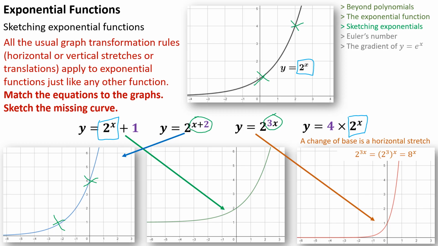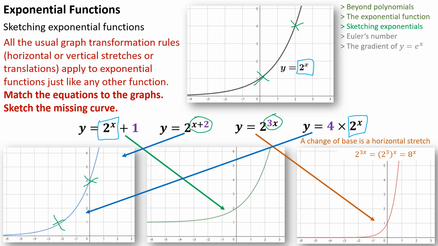This is why when you sketch y equals 2 to the x, or y equals 8 to the x, or y equals 27 to the x, you're basically drawing the same shape, give or take the scaling of your x and y axes. When you squash it horizontally, you're effectively simply changing the base of your exponential function.